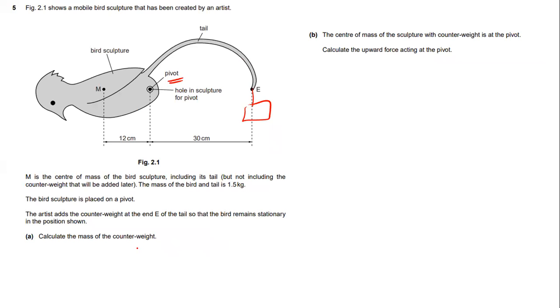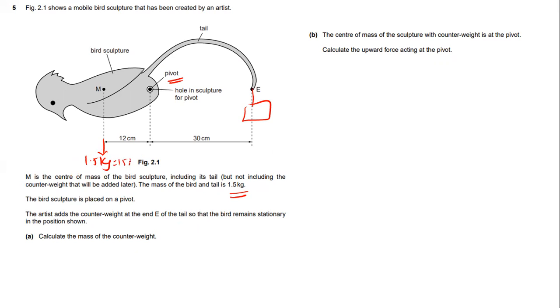Mass of the bird is 1.5 kg. So the weight is 15 newtons, and the distance is 12 centimeters.